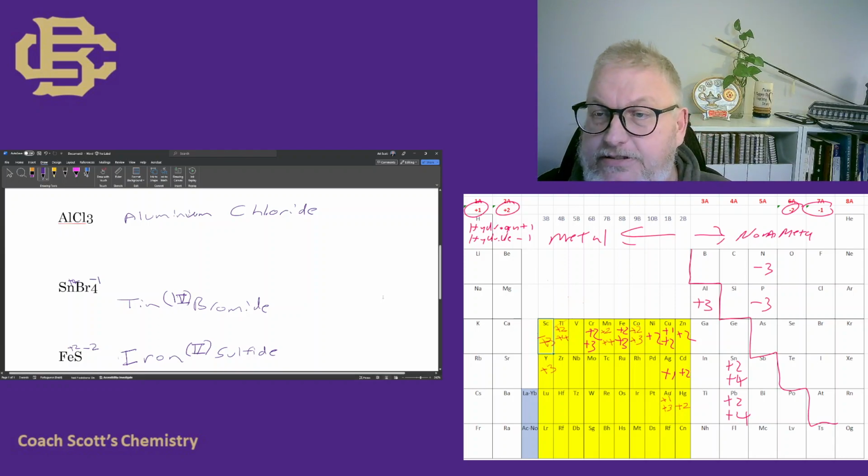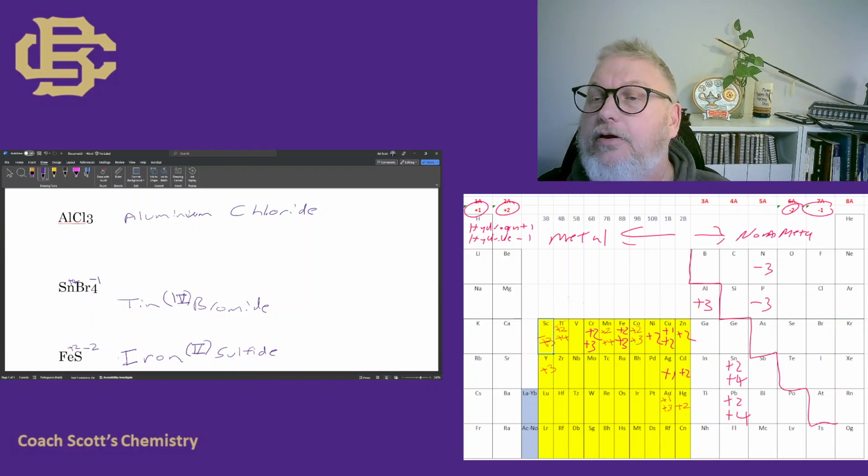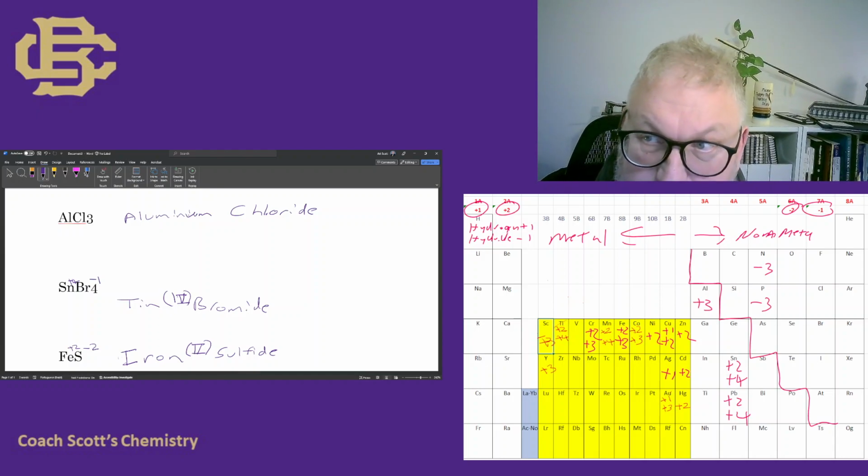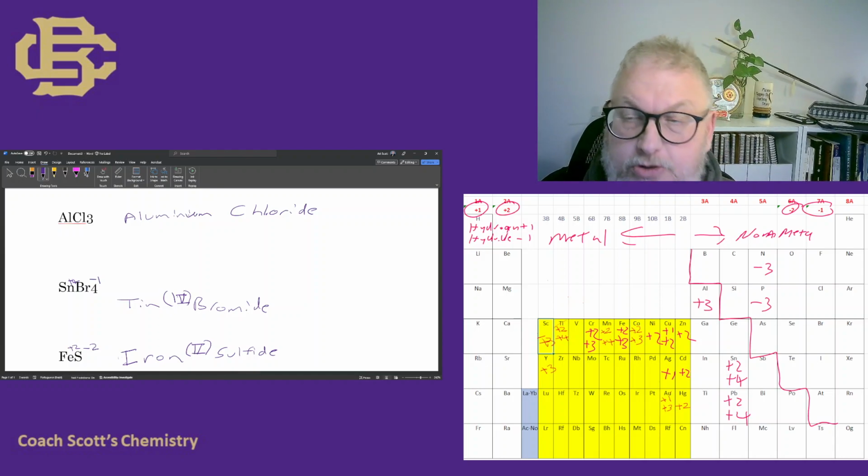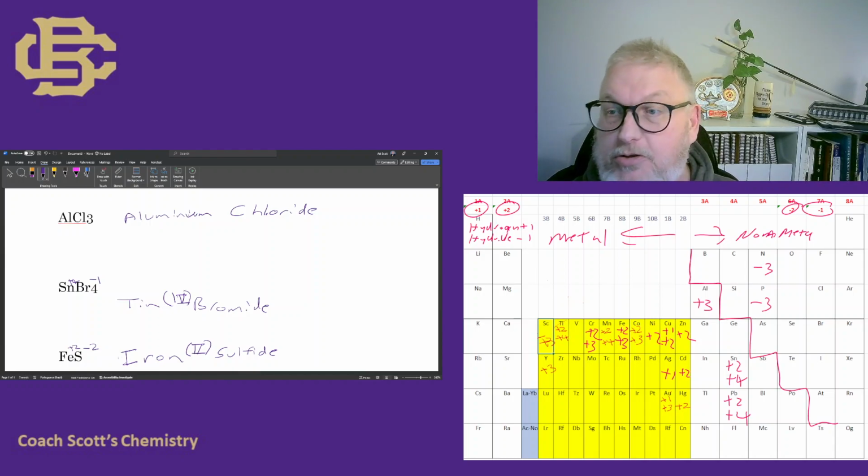Now, if they're a transition metal, somewhere in the middle, right? In groups 3B, 4B, 5B, 6B, 7B, 8B, 9B, 10B, 1B, 2B, you may have to use a periodic table. That's what I said. Write these down on this periodic table so you have some notes, so you know which ones have multiple charges, right?